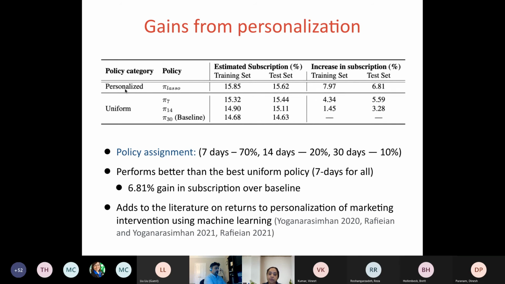What this policy does, it's not in the table, but I'm just showing you the numbers here, is for 70% of the users, it gives 70 days. For about 20% of the users, it assigns 14 days, and about 10% of the users, it assigns 30 days. And this personalized policy has a gain in subscription of about 6.81% compared to the baseline, which is 30 days for all. This number is higher than the 5.59, which was the base uniform policy.